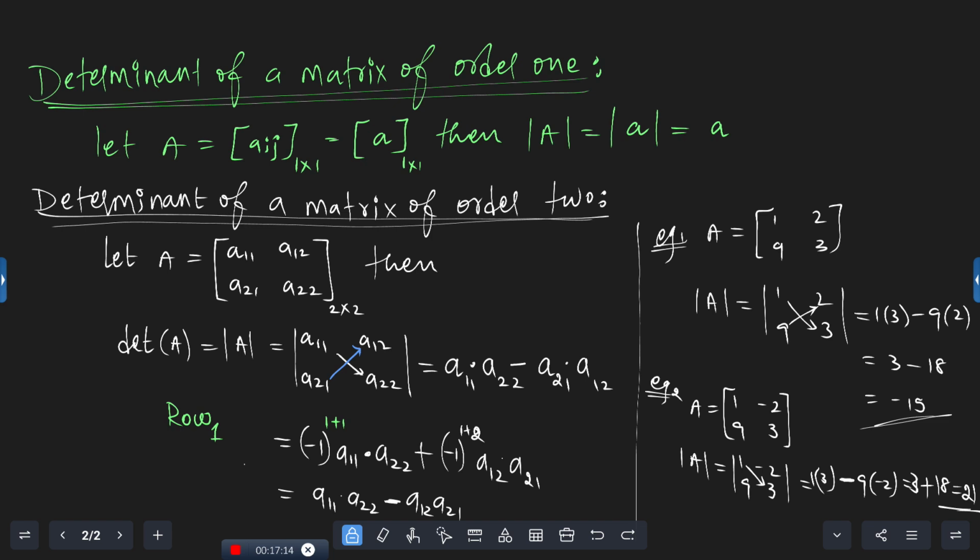Next we are going for the determinant of a matrix of order 2. Sorry, order 2 is over. Order 3 we will go.